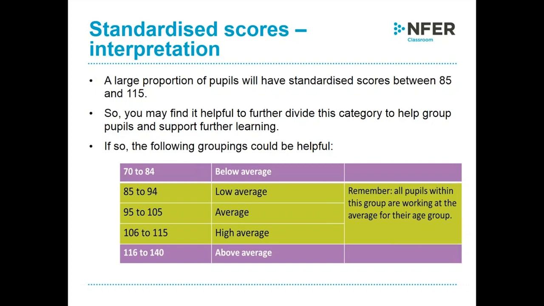So pupils between 70 and 84 are below average, those who score between 85 and 94 are low average, those between 95 and 105 are average, and those between 106 and 115 are high average, and as explained earlier, those who are above 116 are above average.